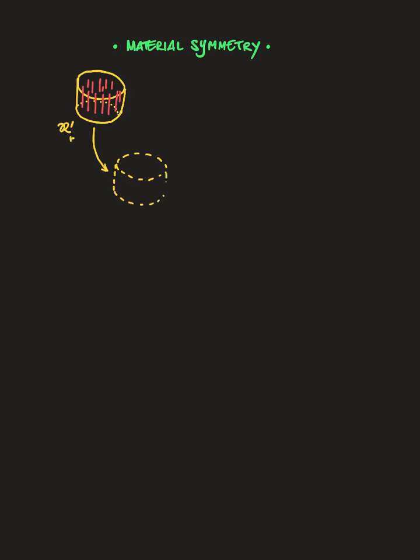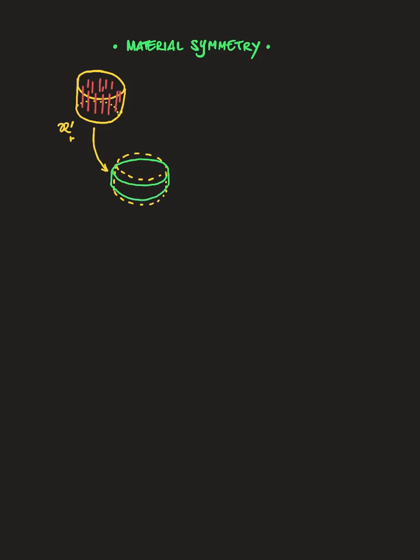Imagine this was the reference configuration, and now I deform it. It becomes thinner. I put it below a testing machine and I compress it, so it deforms in a certain way.